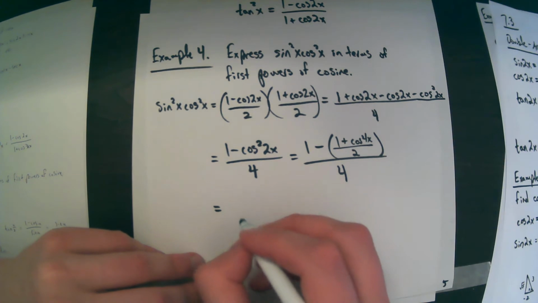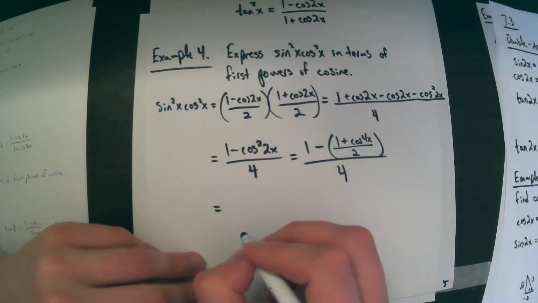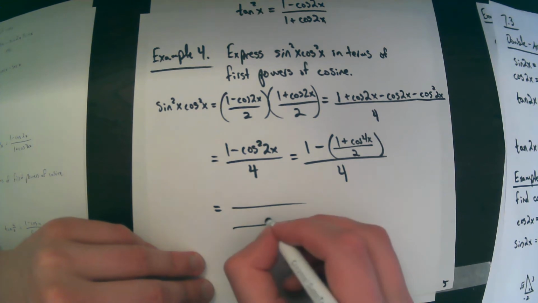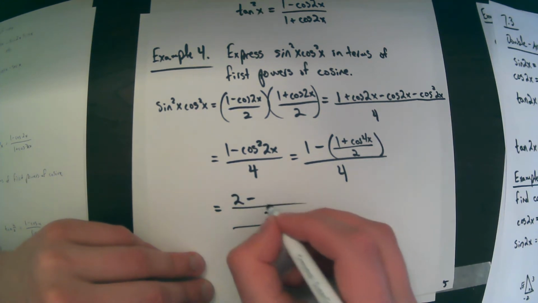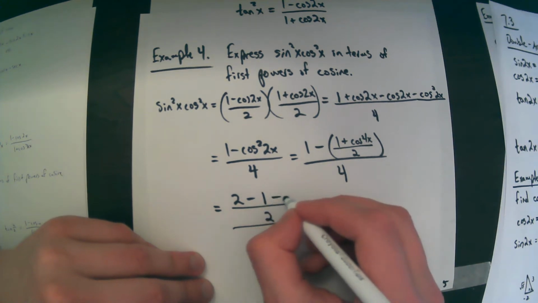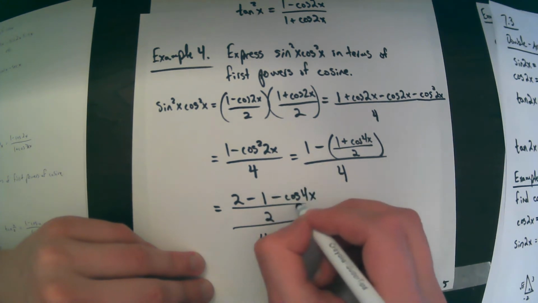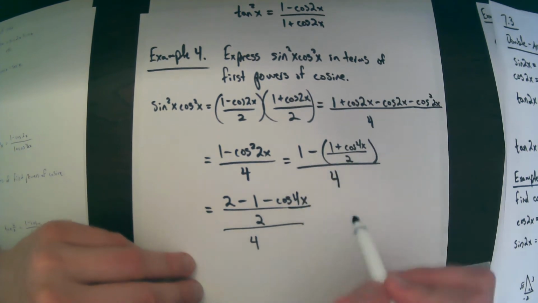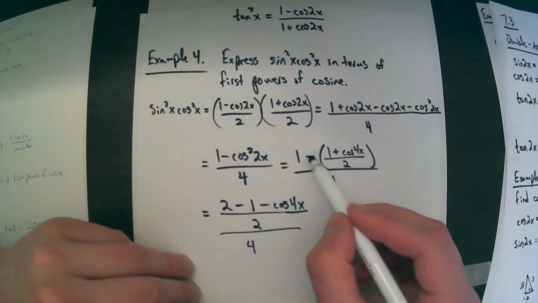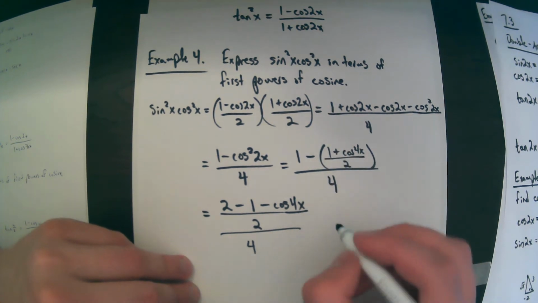We can say, what can we say? We can get a common denominator in the top, which would be 2. So 2 minus, and we can distribute this minus sign, 1 minus cosine 4x. So I did a couple things there. I got a common denominator with this 1, just 2 over 2, and then went ahead and distributed this minus sign.